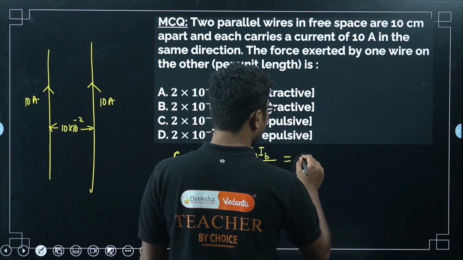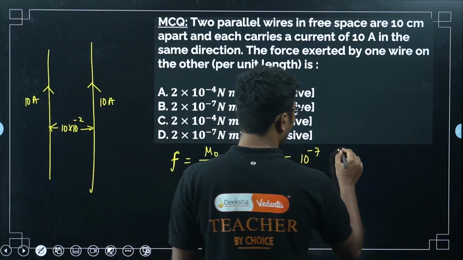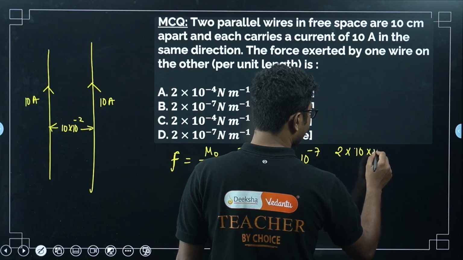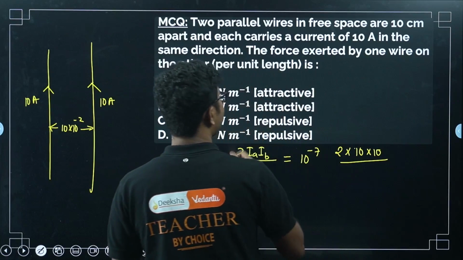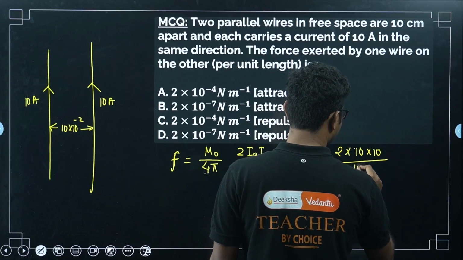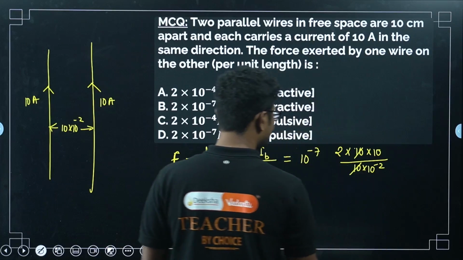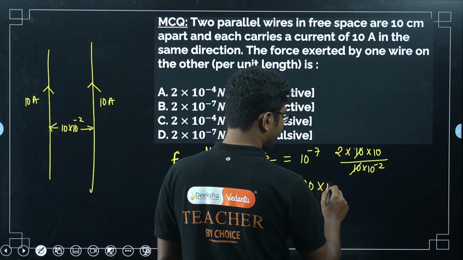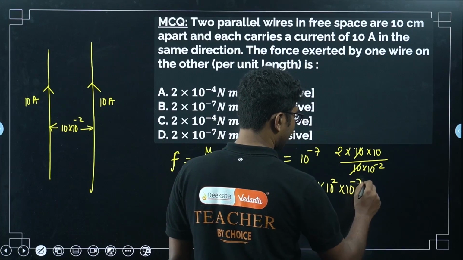So mu naught by 4 pi is 10 to the power of minus 7. 2 times Ia is 10, Ib is 10. Sorry, 10 amperes, not 10 centimeter. Distance is 10 centimeter, so it will be 10 times 10 to the power of minus 2. So one of the 10 will cancel. So it will be 20 times 10 to the power of 2 times 10 to the power of minus 7.